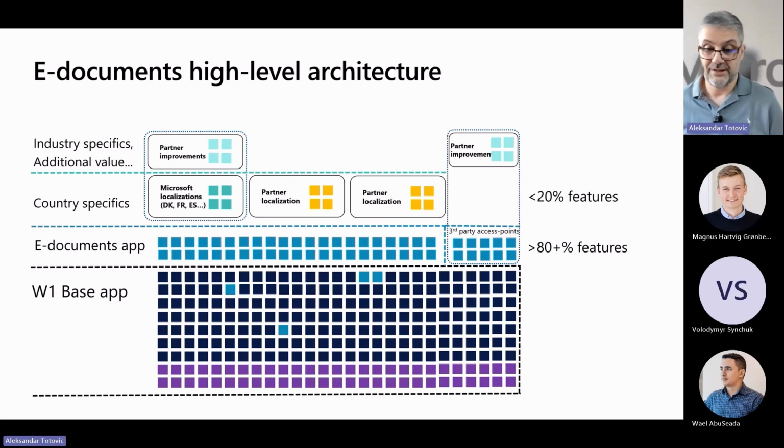Because different access point providers have different sets of features, and we don't plan to deliver their features inside BC. BC will handle what is required by default, what is required to deliver invoicing and other documents, to receive, to exchange messages, and so on. But these access points have their own businesses and their own features, so they can extend our integration app with additional features if they like.